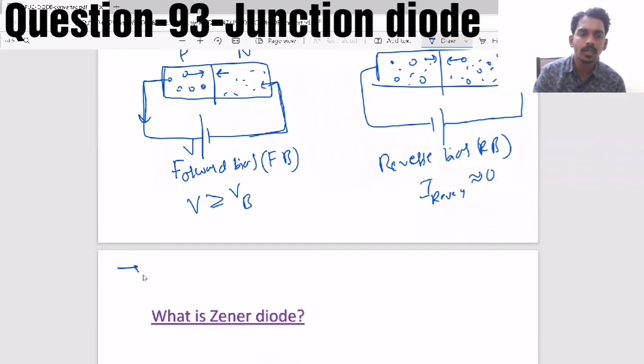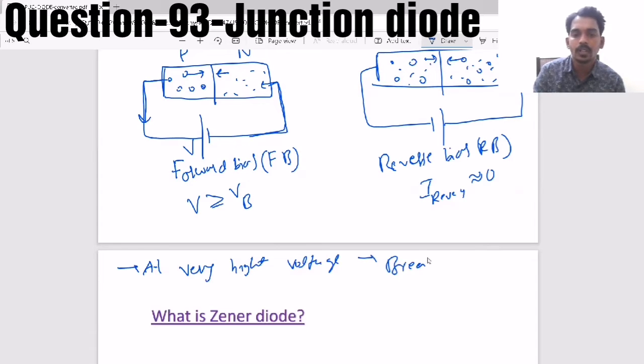And at very high voltage, called the breakdown voltage, the reverse current increases to maximum suddenly, increases abruptly.